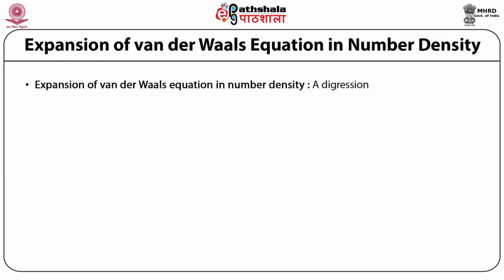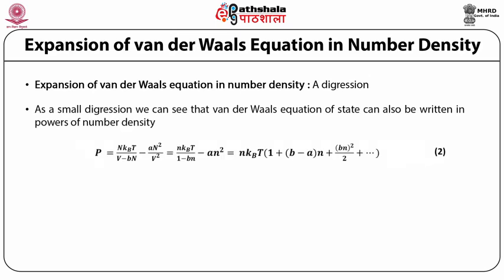We can see that the van der Waals equation of state can also be written in powers of number density as pressure P is equal to n times Boltzmann constant multiplied by T divided by V minus Bn minus A times n square upon V square, which is equal to small n, the number density, times Boltzmann constant into T divided by 1 minus B times n minus A times n square, which is equal to n kBT multiplied by 1 plus (B minus A) n plus B n raised to power 2 divided by 2 plus so on.